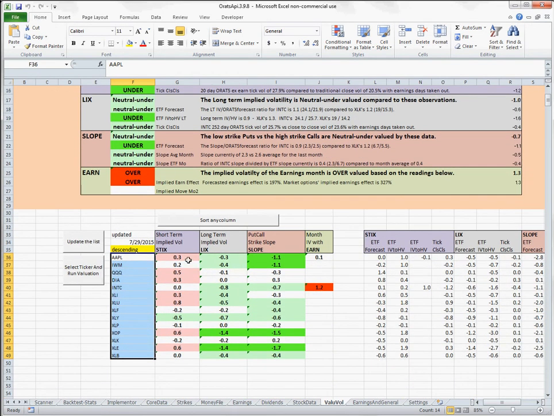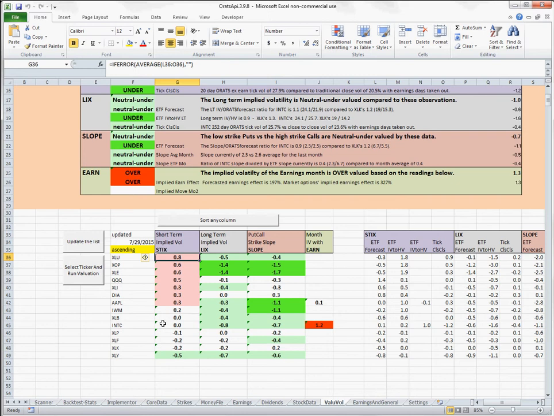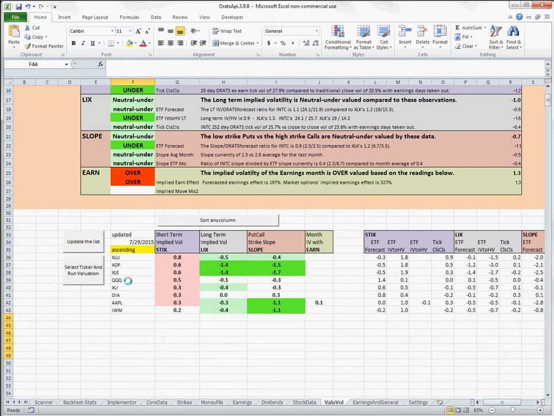And if you wanted, you could sort these and identify value vols with certain characteristics that you might be looking for. Again, you could input any list you want. Here I'll delete a few and update the list, and so it'll go ahead and update this list for the current short-term, long-term put call slope and earnings implied volatility.